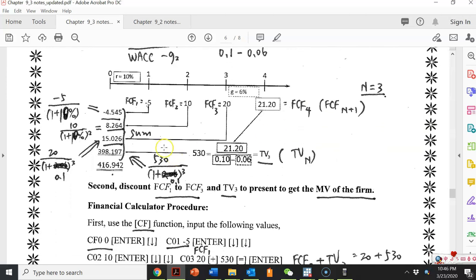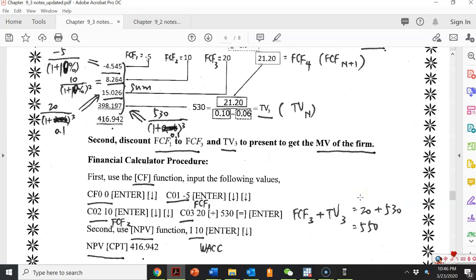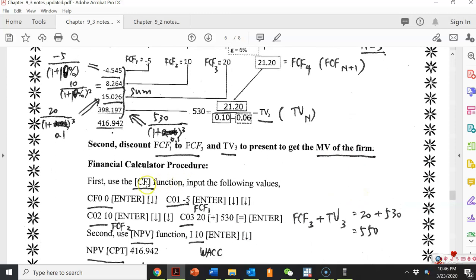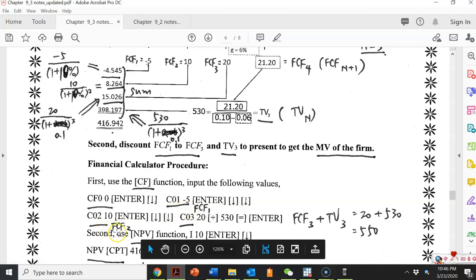Then we can discount cash flow 1 to cash flow 3 and TV3 to get the present value, which is the market value of the firm. So we input in the cash flow function that cash flow 0 is 0, cash flow 1 is free cash flow 1 as -5, cash flow 2 is free cash flow 2 as 10, cash flow 3 is free cash flow 3 plus TV3.